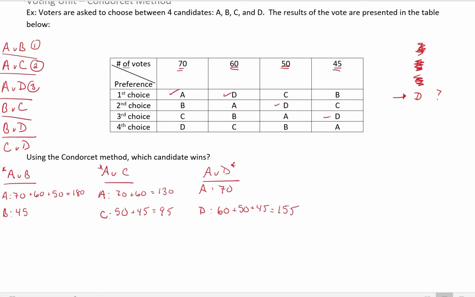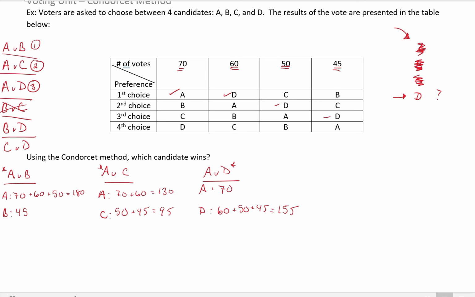So we've done A versus D. We can skip B versus C, because we know neither of them can be a winner. If one of them still had the potential, if one of them was still on this list over here as an opportunity, we would have to do it. But since we've crossed both of them out already, we can skip it. But see how if we compare B and D, D is still on our list?